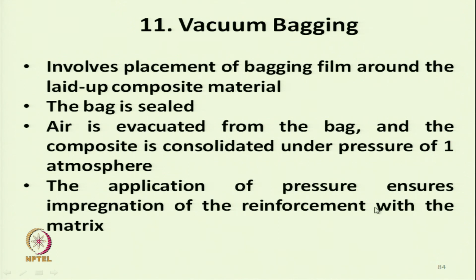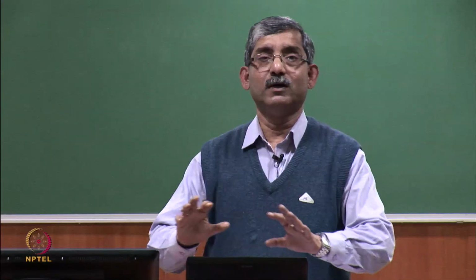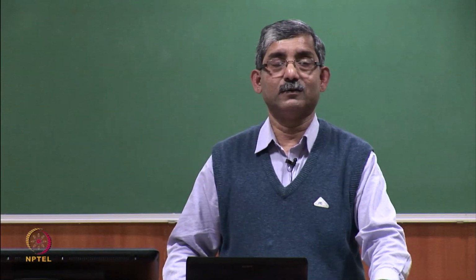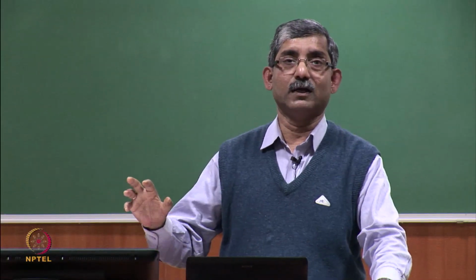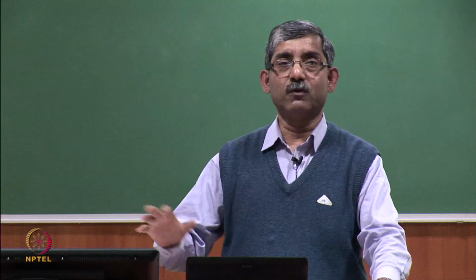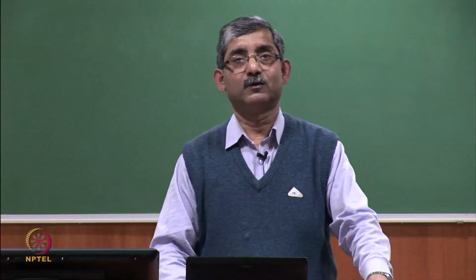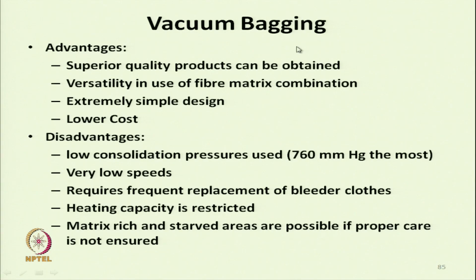The application of pressure ensures the impregnation of reinforcement with the matrix. And there will be uniform pressure, because the total air is evacuated. So, uniform pressure will be applied throughout the composite.